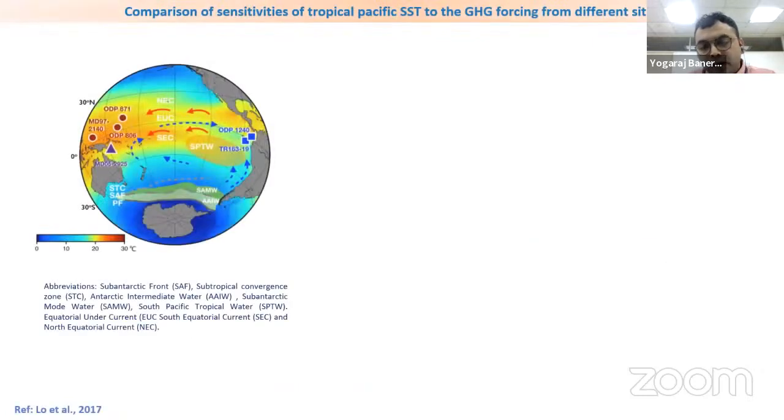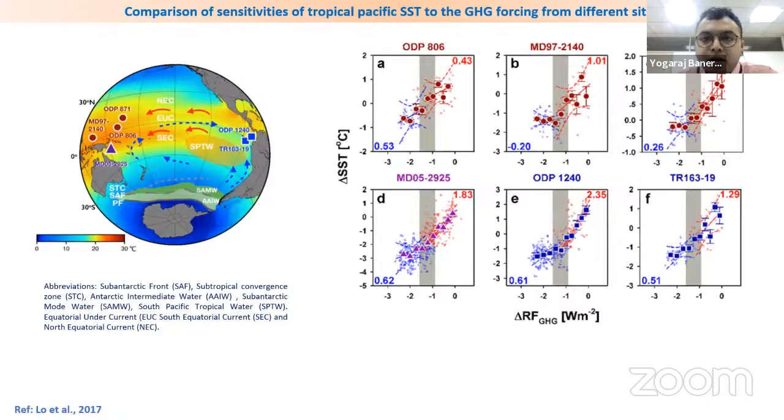What they have done further is compare this record with other records from the eastern and the western part of the Pacific region, and the other core locations are also shown in this particular figure. So this is the comparative plot.